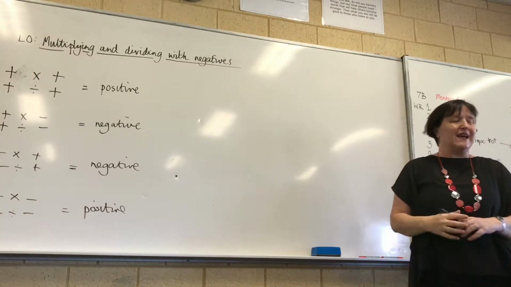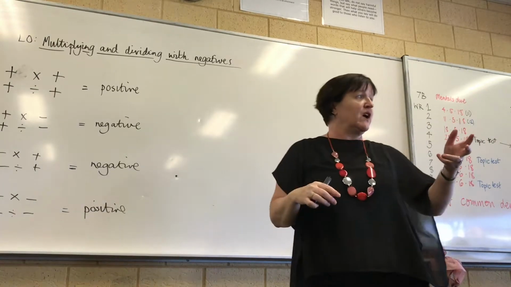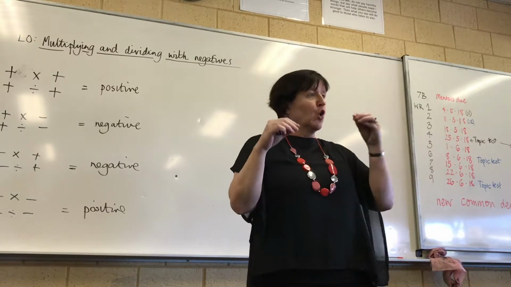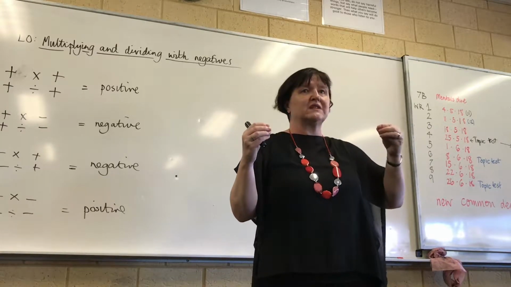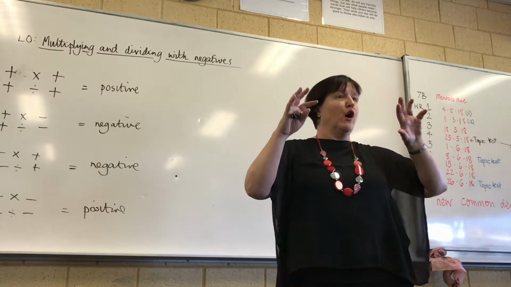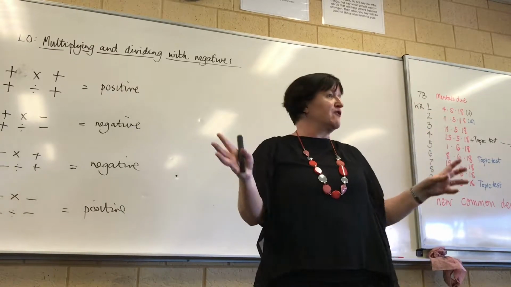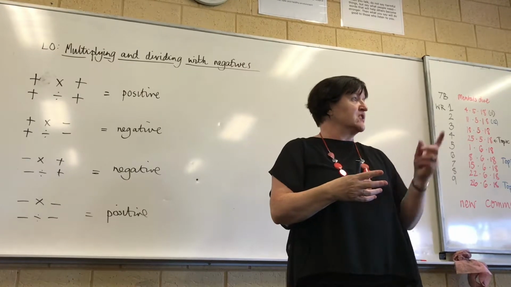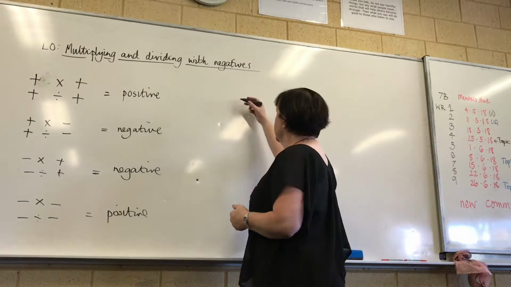So if you can multiply and divide, which you can, the only extra thing to think about is what's the sign telling me to do. And often I just think about that before I even begin to do the calculation, so that I know what my answer is going to be. So let's have a look.